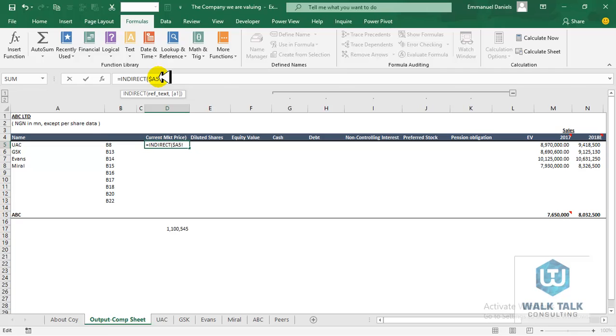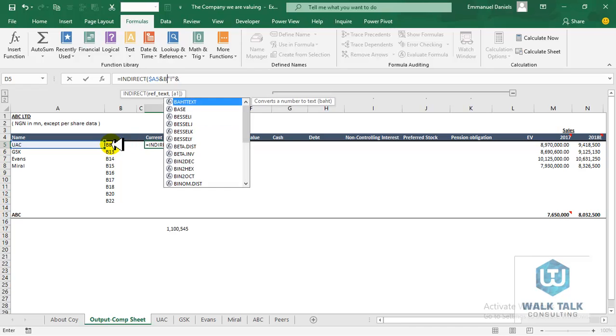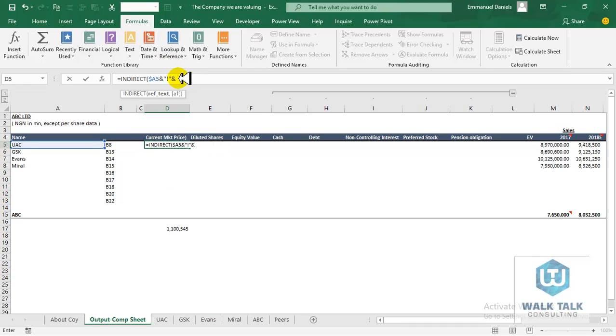And take note, this is text in Excel, so text has to be put in double quotes. So after this, what do you have? You have the reference. So I have to use this ampersand also. Remember, you have to put an ampersand here as well. The reference to the sheet that you are referring to has to be here.